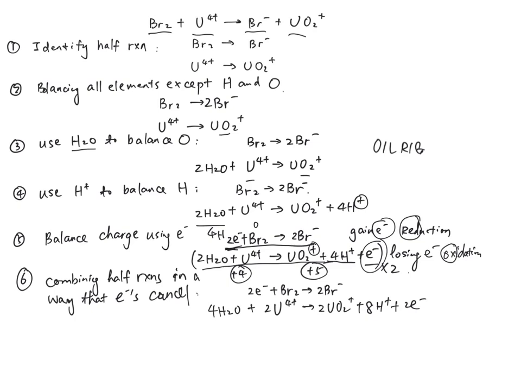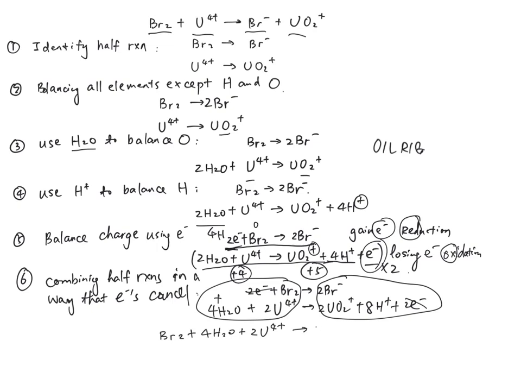Now you can combine them, add them up, left side to left side, right side to right side. And obviously, your 2 electrons are going to be canceled. Now you have both of them on the 2 sides. And what you got left from there after canceling the electrons is bromine plus 4 water plus 2 U4+ producing 2 bromide, 2 UO2+, and 8 H+ ions.